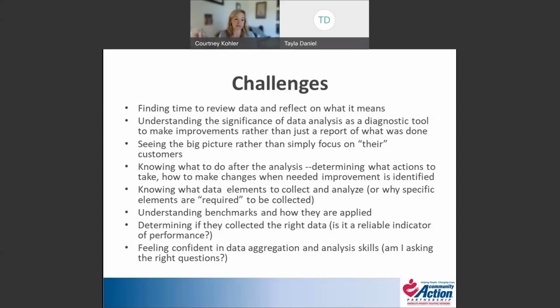And it can be challenging to really stop and see the big picture rather than just focusing on, if it's a frontline worker, maybe the customers that they serve or the specific program that they work within, because the overall organization, in thinking about the mission and the community needs and things like that, all of that stuff is very much connected. Then also knowing what to do after the analysis. So determining what actions to take, how to make changes when needed improvement is identified.